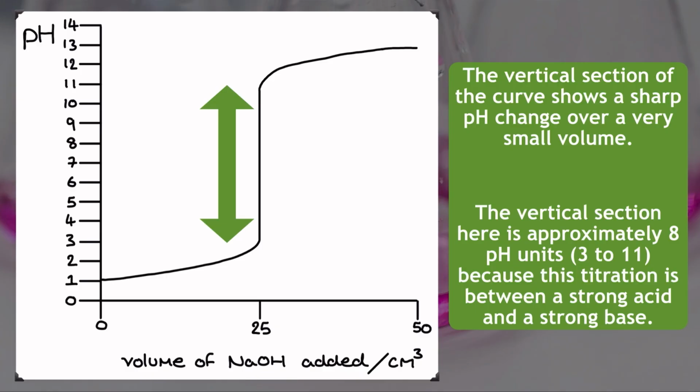I like the boundary here of 3 to 11, but it will obviously be varied depending on what acid and what alkali you're using here. This titration, though, is between a strong acid and a strong base, and generally speaking, we do need to be able to make some assumptions about where the limits of this vertical section are going to be, so we'd be able to suggest a sketch of this in the exam. I'll give you more information on the different scenarios you could be presented with that shortly.